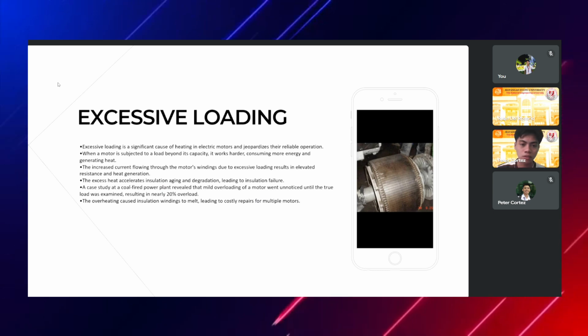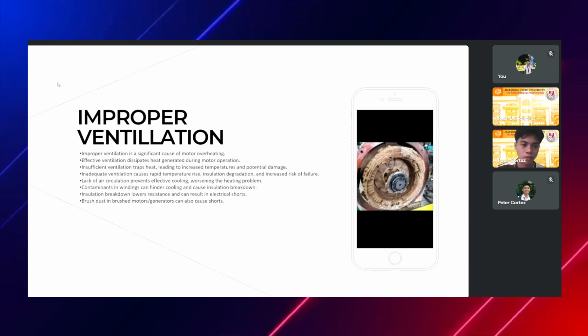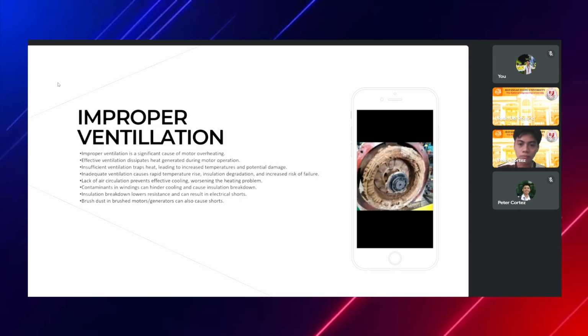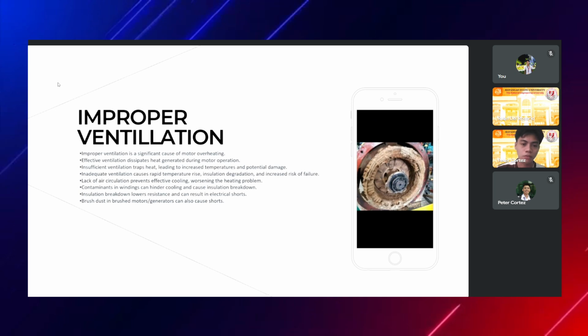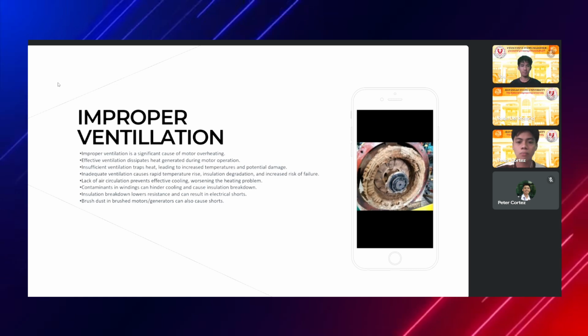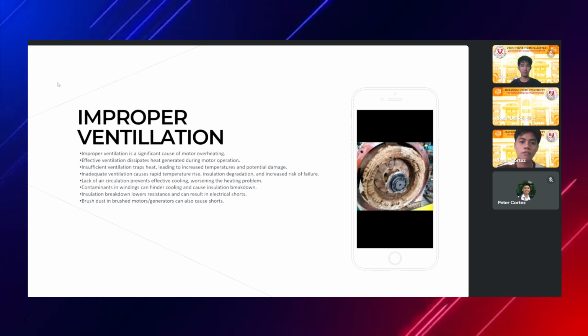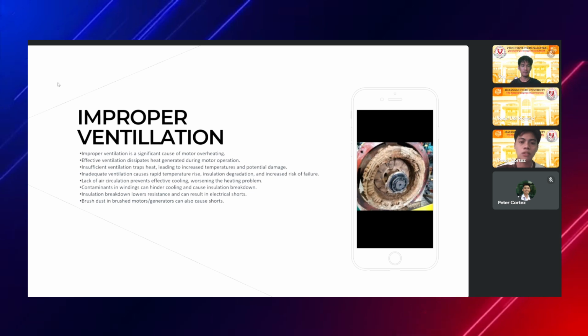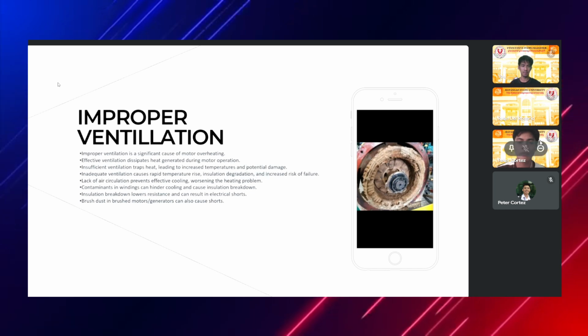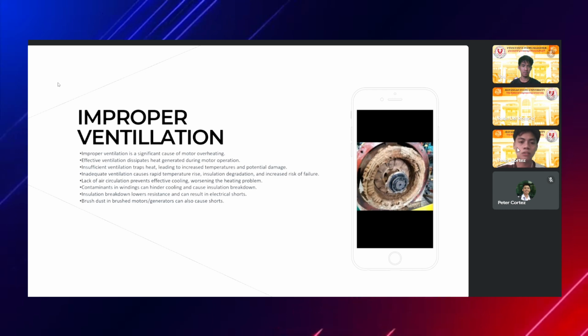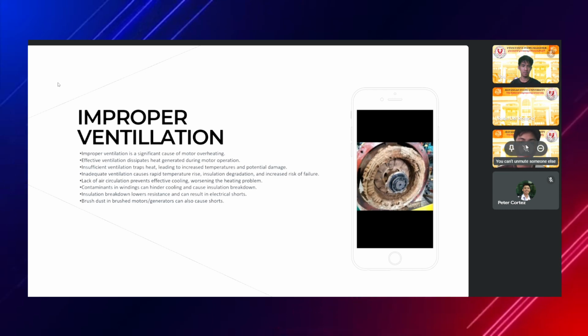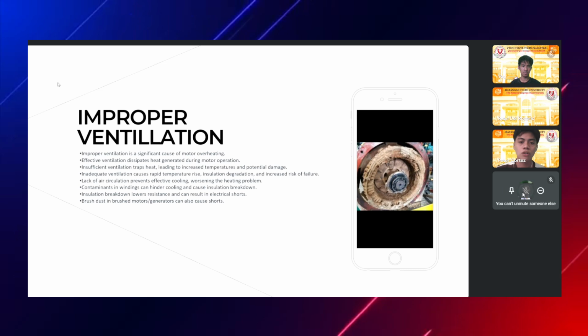Next is improper ventilation. Improper ventilation is a significant contributing factor to the heating of electric motors, posing serious risks to their performance and longevity. Effective ventilation plays a crucial role in dissipating the heat generated during motor operation.